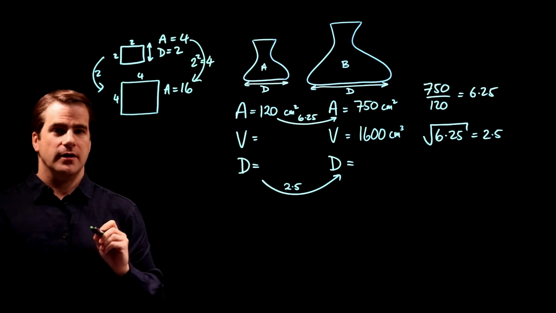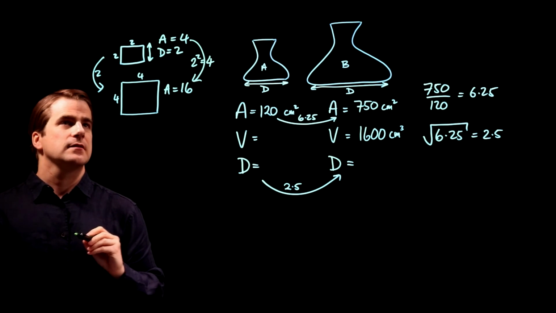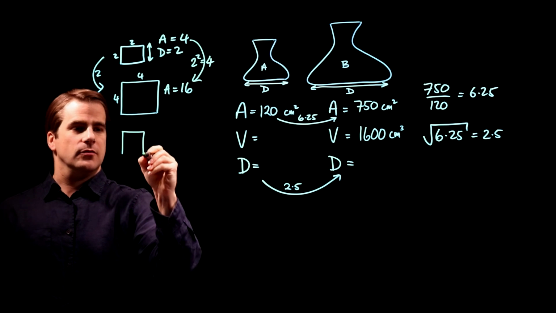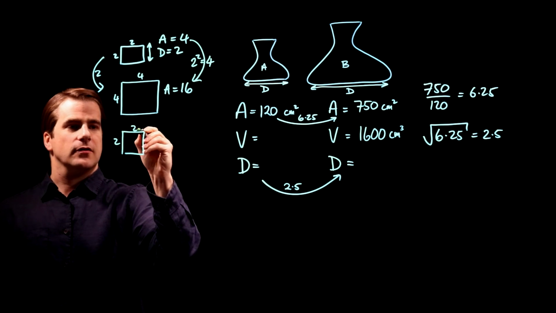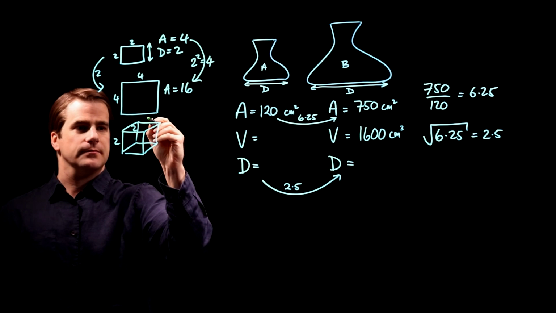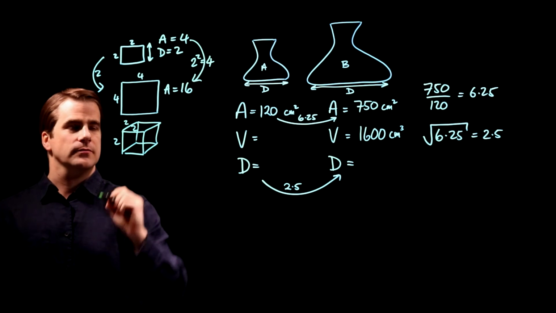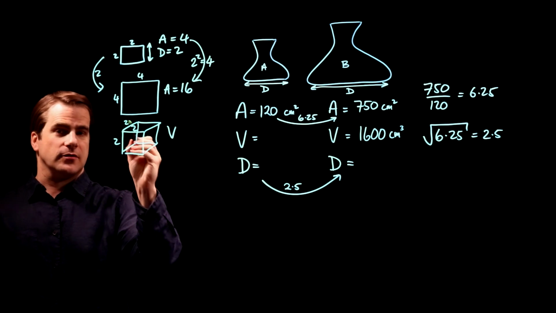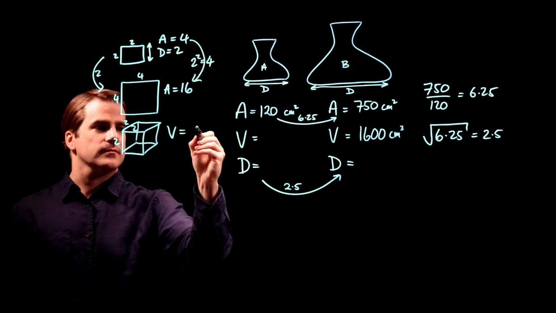And if this was done in 3 dimensions, so we had a 2 by 2 by 2 cube, the volume of that is 2 times 2 times 2, which is 8.